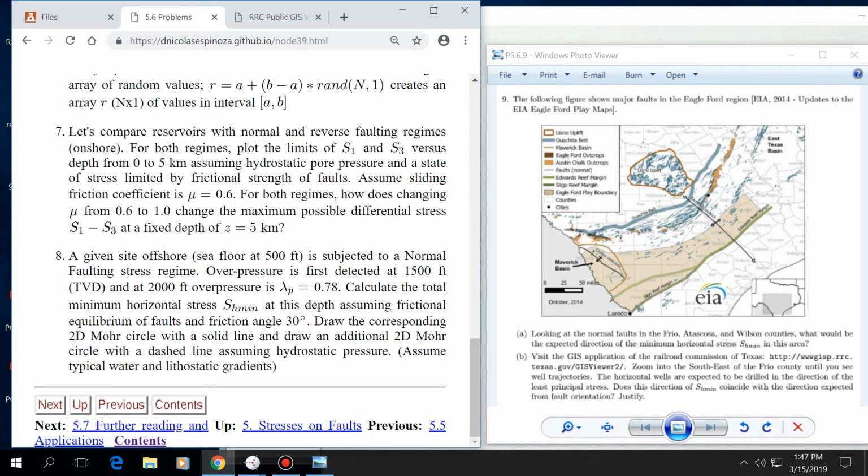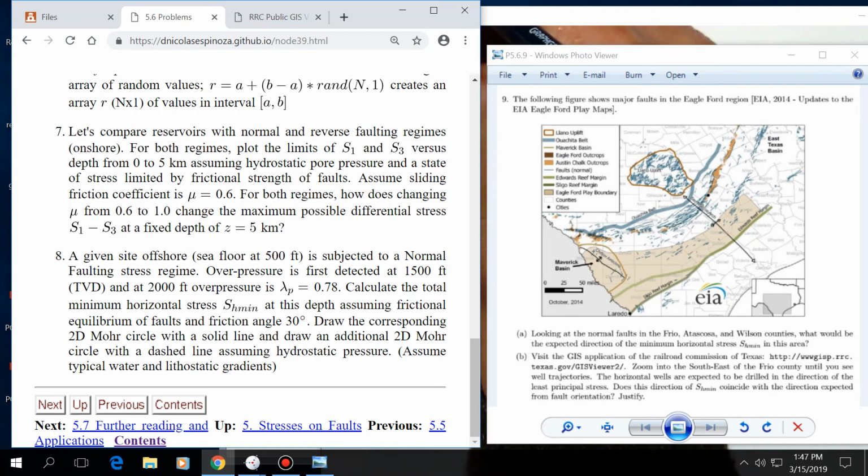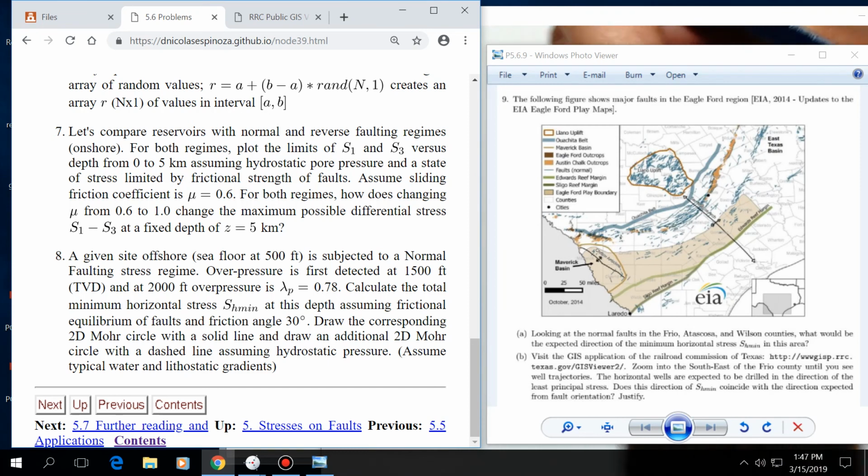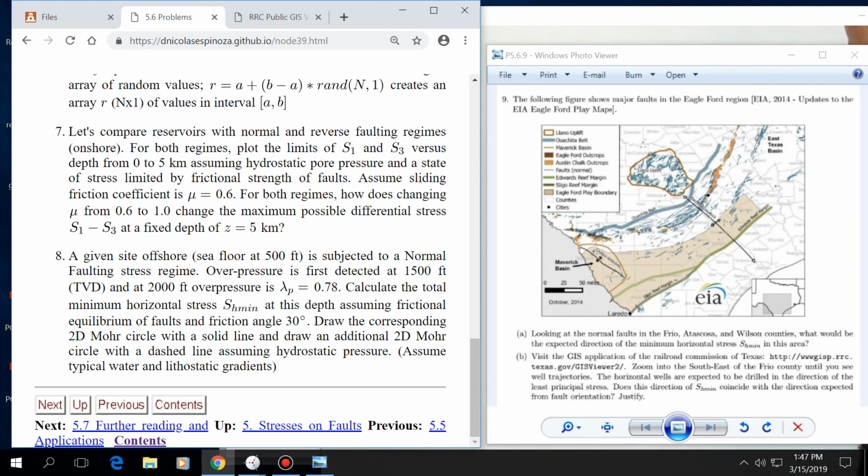But basically what this is telling you is to compare what will be the limits of S1 and S3 for normal faulting and reverse faulting.